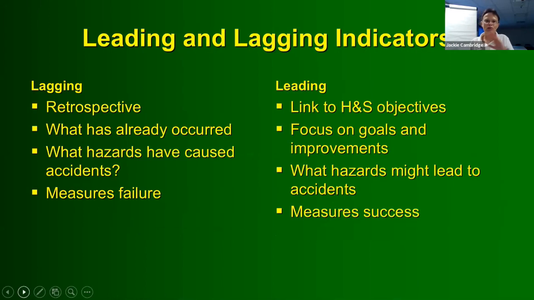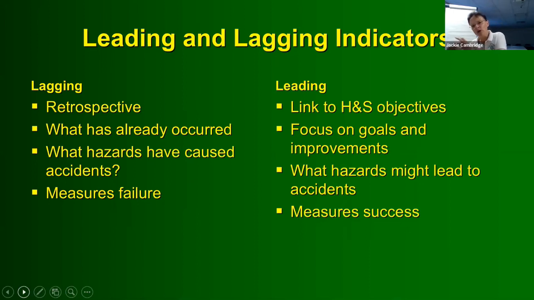Okay, so just as a summary. Lagging indicators are retrospective. What's already happened? What's gone wrong? What hazards have caused accidents? It's a measure of failure. Do you see what I mean? Lagging is the same as reactive. Whereas leading is the things we're doing to manage health and safety, linking to our aims and objectives. It's looking at improvements. What hazards might lead to an accident so we can do something about them now.